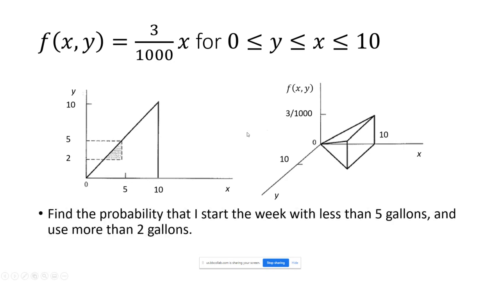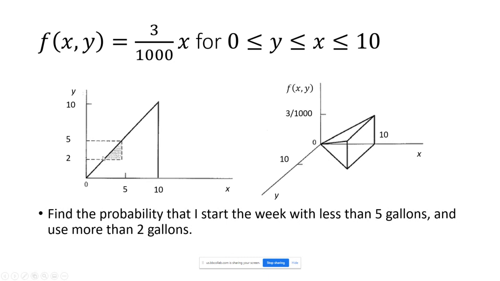All right, so we want to find the probability that I start the week with less than 5 gallons and use more than 2 gallons. So for this problem, we're looking for the probability of being in this shaded region on the left-hand graph.